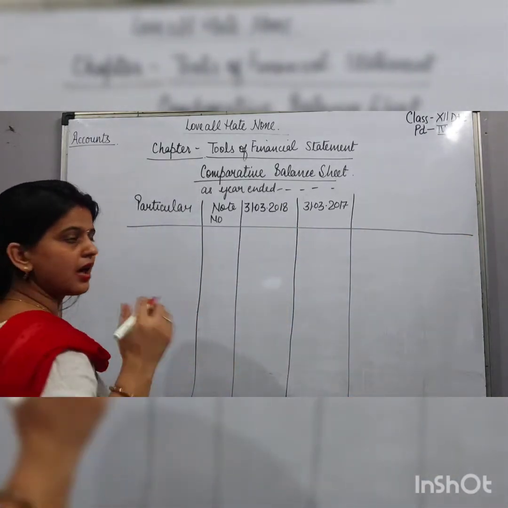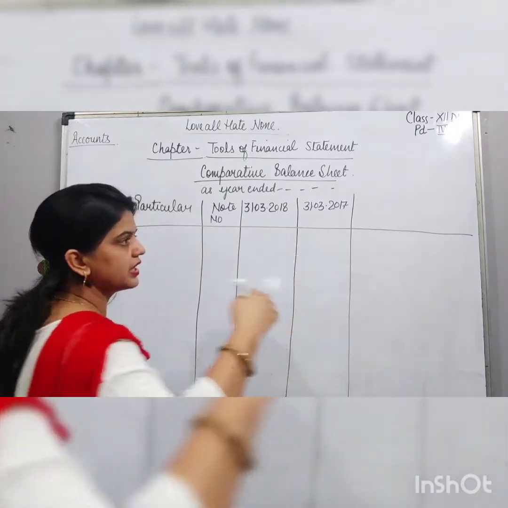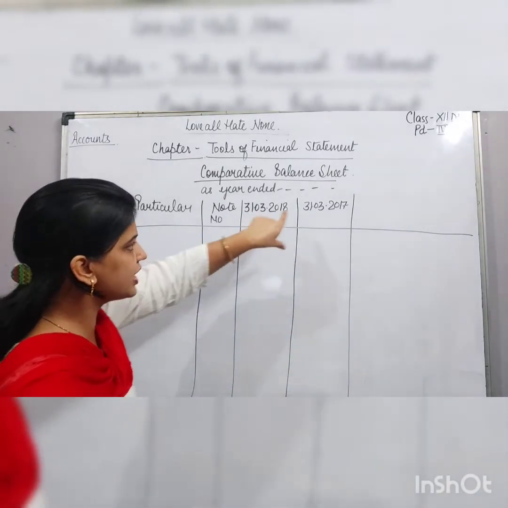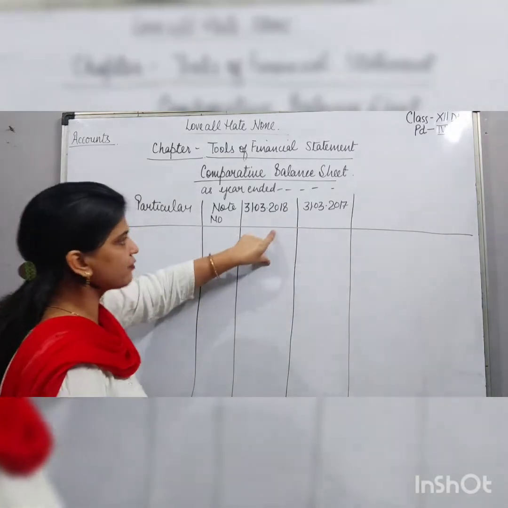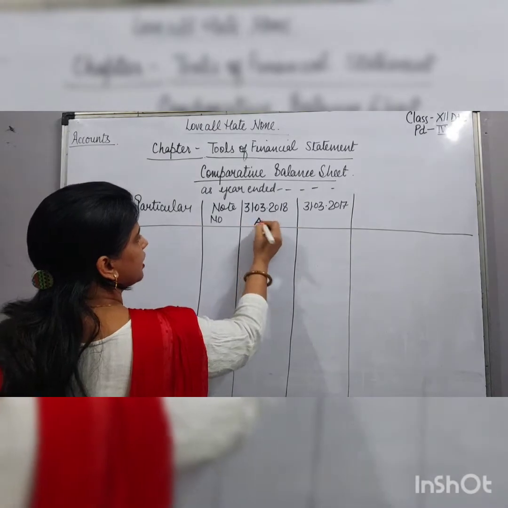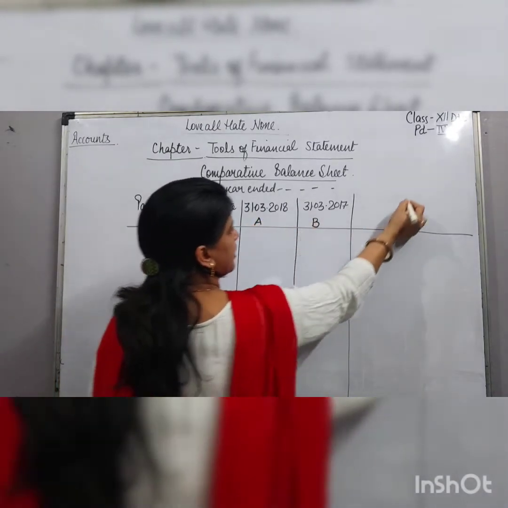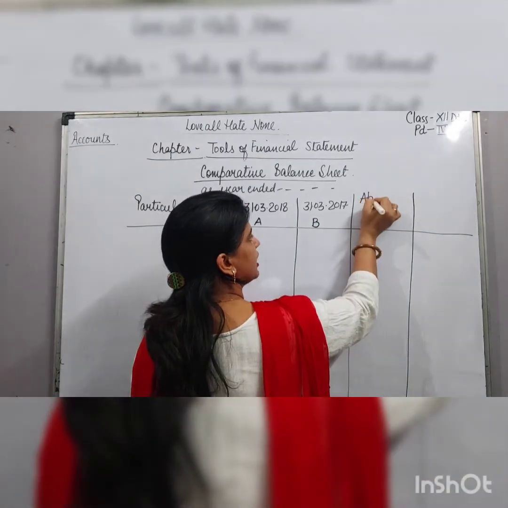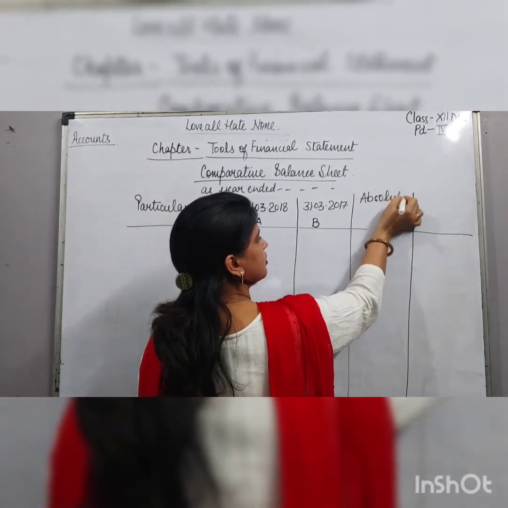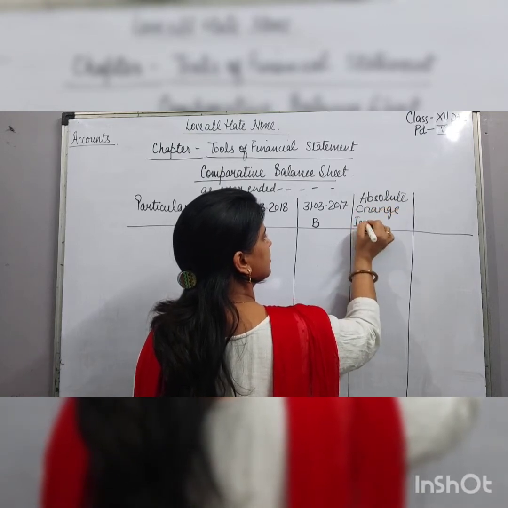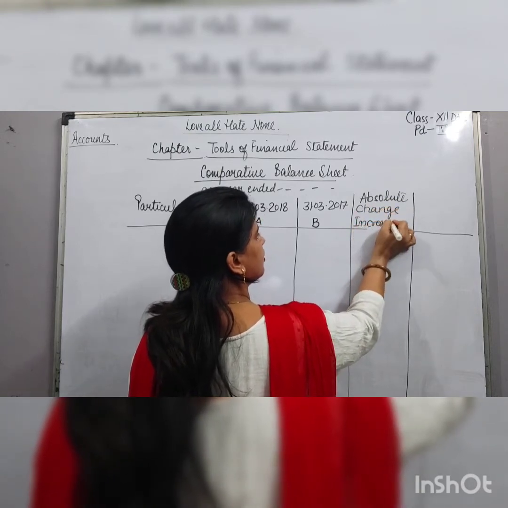Now how do we compare? According to the previous year, we have to take out the increase and decrease. Suppose this is column A, this is column B. So here we have to calculate the absolute change, meaning increase or decrease.